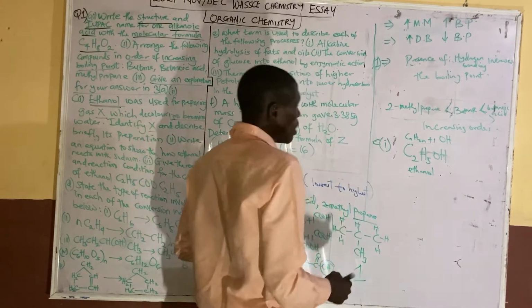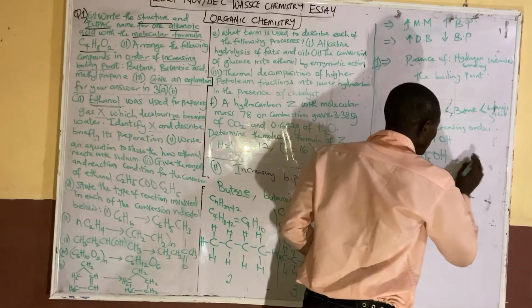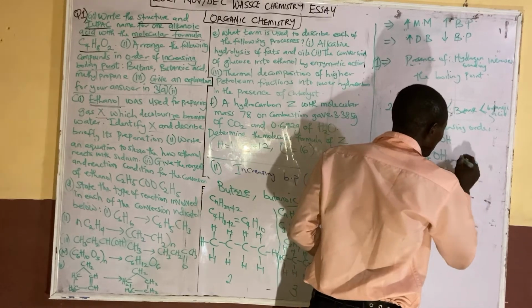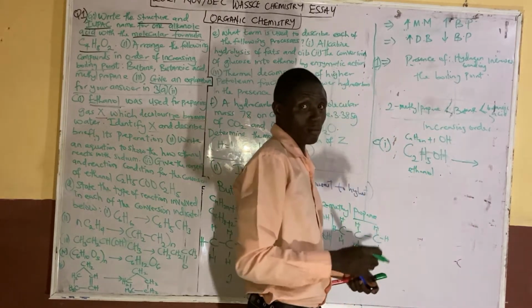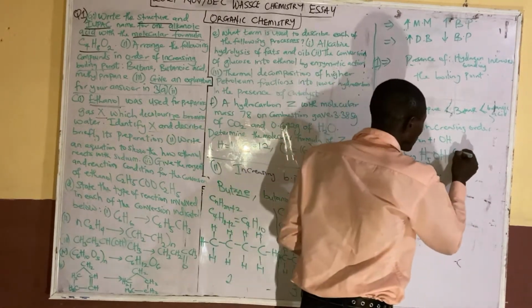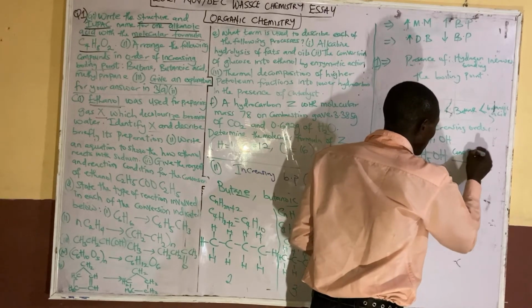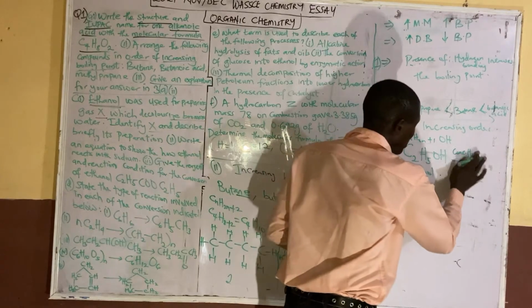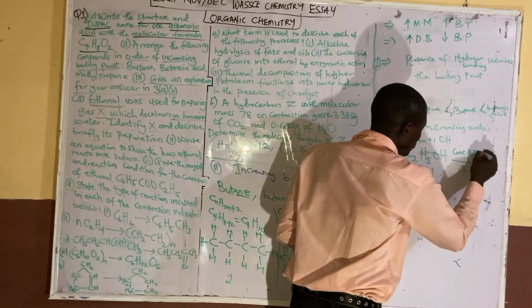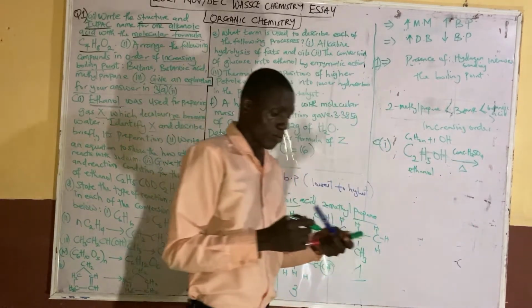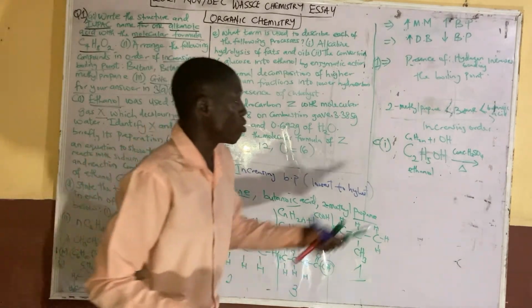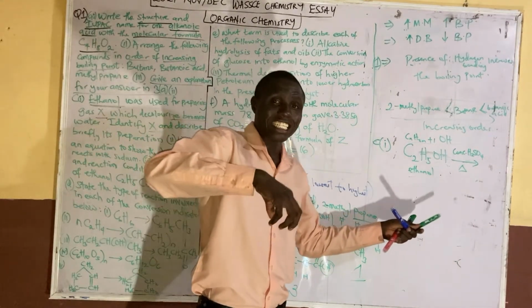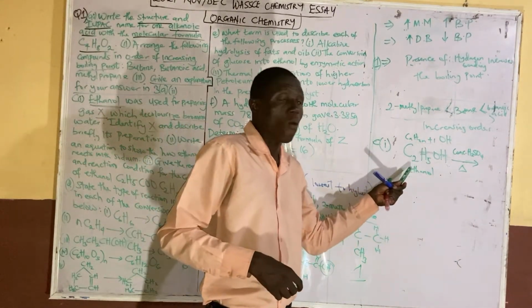So now when you introduce conc H2SO4 and you heat. Not water, conc H2SO4. Conc H2SO4 is one of the reagents I use to obtain ethene gas from alcohol, which is ethanol.